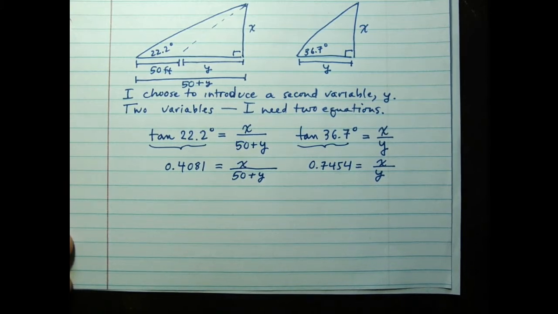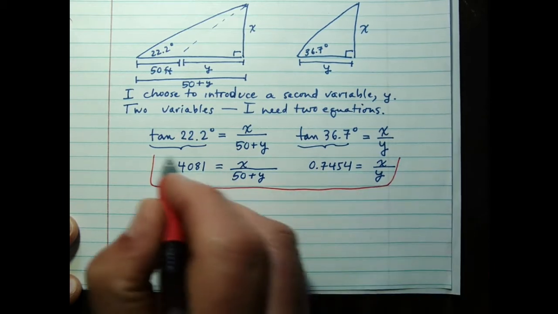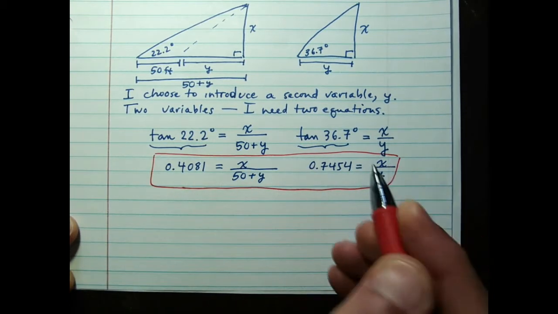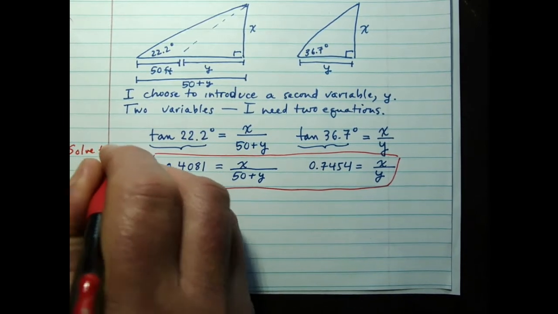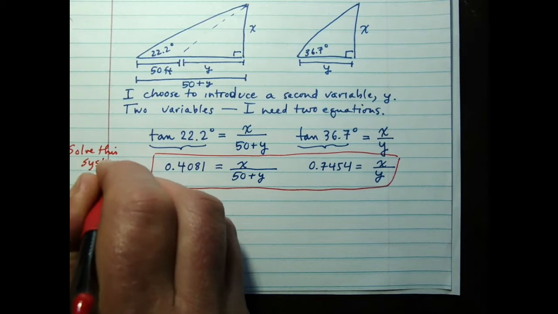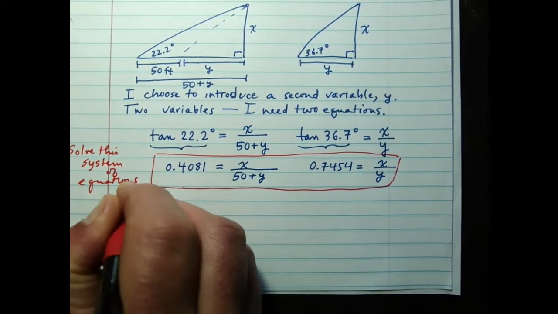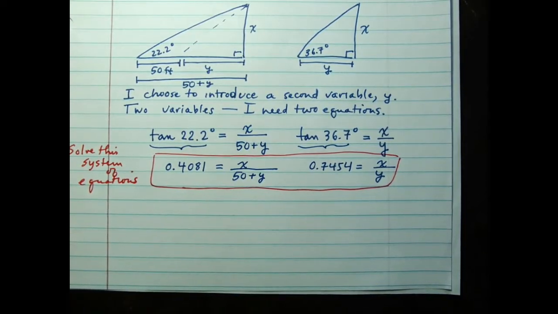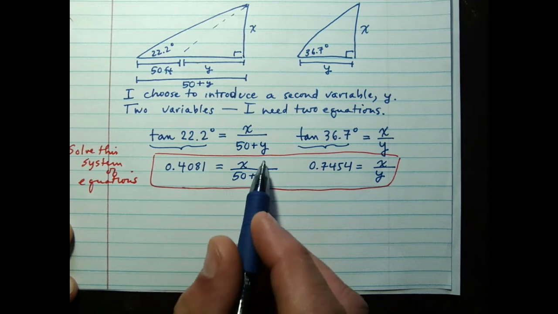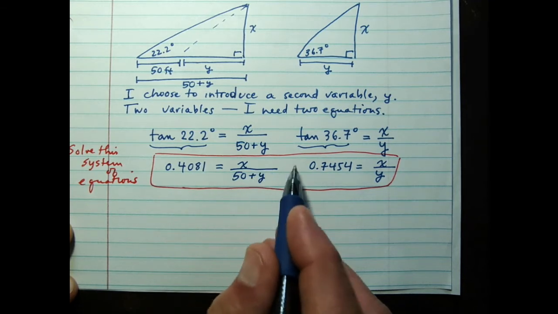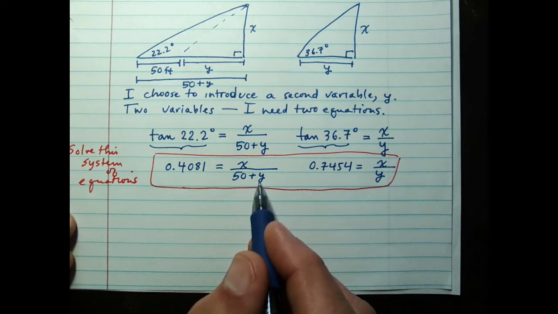Okay, so now we got these two equations, and we have to solve this system of equations. When I see fractions involved and expressions with variables in numerators and denominators, a good strategy is just to clear denominators.